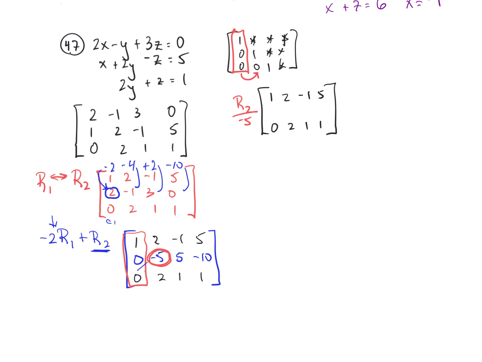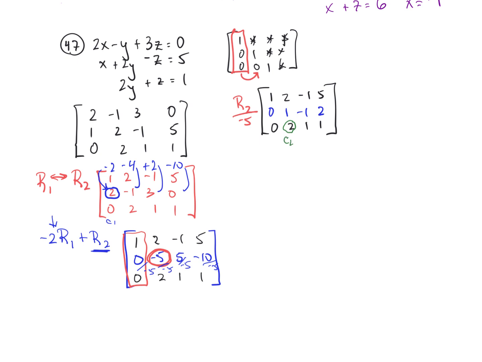All right, 0 divided by -5 is 0. -5 divided by -5 is +1, which is what we wanted. +5 divided by -5 is -1, and then -10 divided by -5 is +2. So we're getting there. In column 2, we're halfway done. Now what we want is we want this 2 to be a 0.